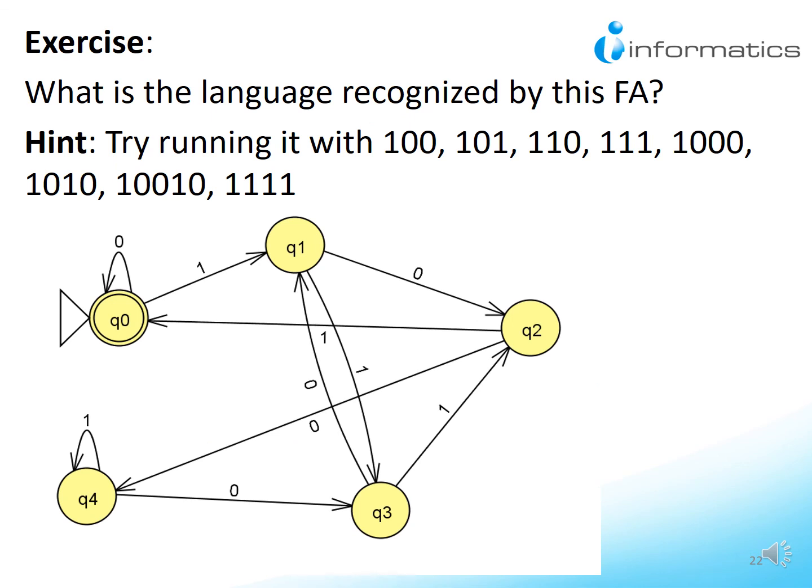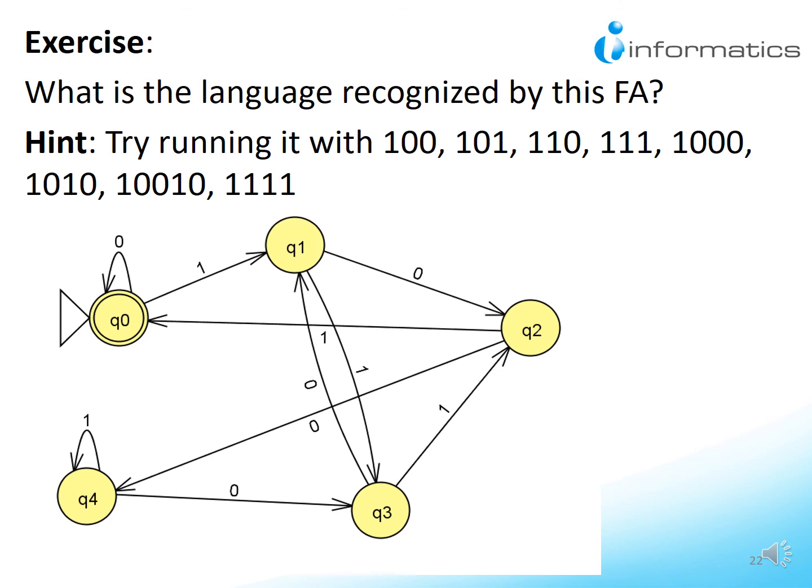Exercise: what is the language recognized by this finite automaton? This finite state automaton consists of 5 states. Initial state Q0, and Q0 is also the final state. The transition function looks complicated.